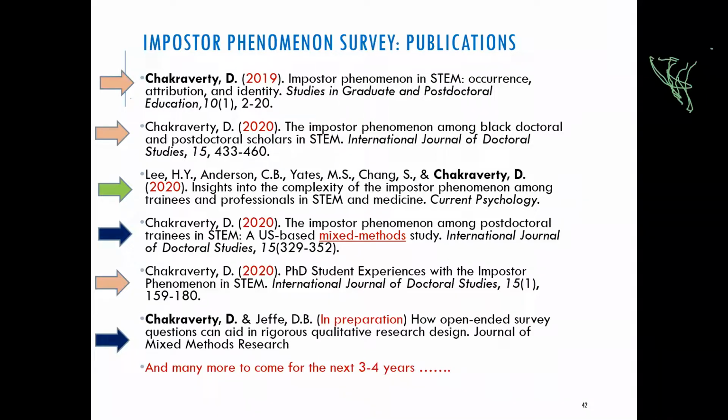Ma'am, I have a question. If I'm doing an exploratory sequential design, the second phase is based on the first phase. If I publish the first phase first, the qualitative part as an individual paper, sometimes the quantitative part doesn't sound so relevant because the factors can be so disparate.